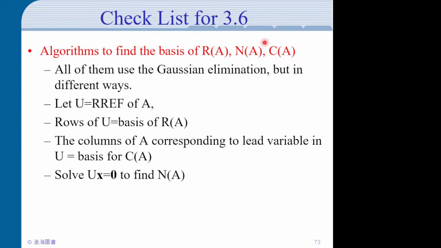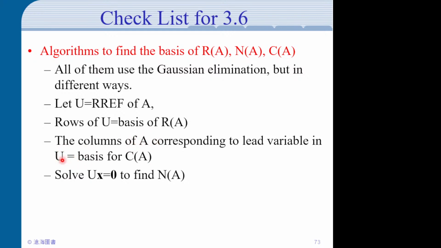You can find all of them by doing just one thing: you do Gaussian elimination on A, and you find the REF of A, call it U. Then the rows of U will be a basis for the row space. The columns of U are not a basis for C of A, but you can map the columns of U back to A.